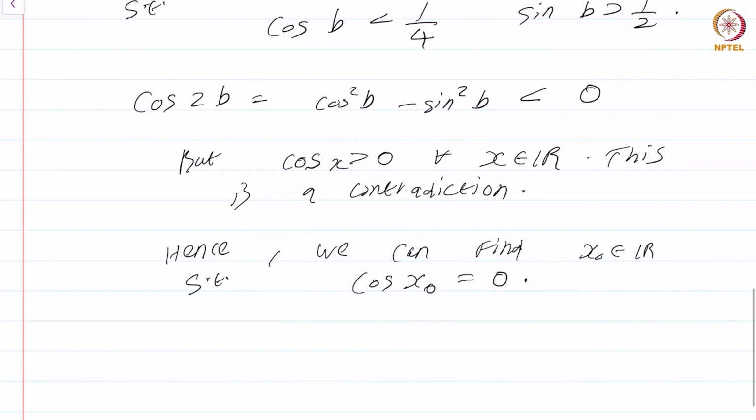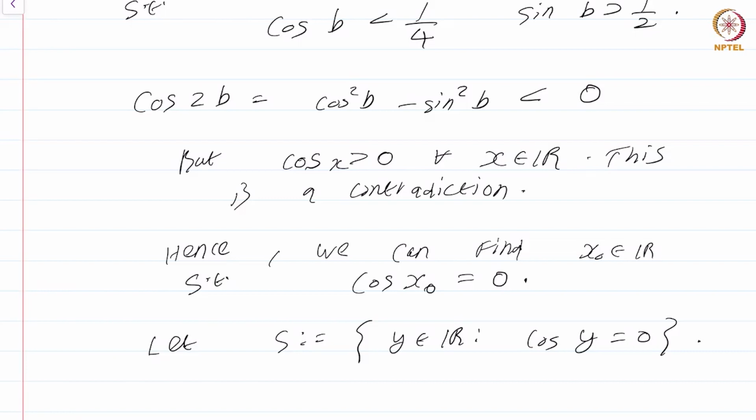Okay, now what we are going to do with this is define pi the following way. Let S be the set of all y in R such that cos y is equal to 0.